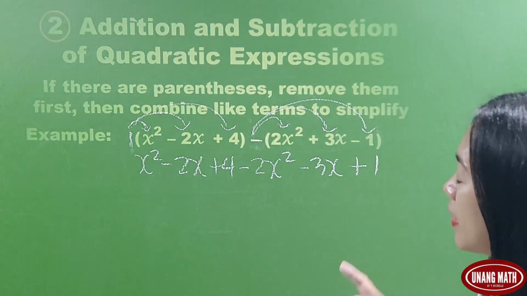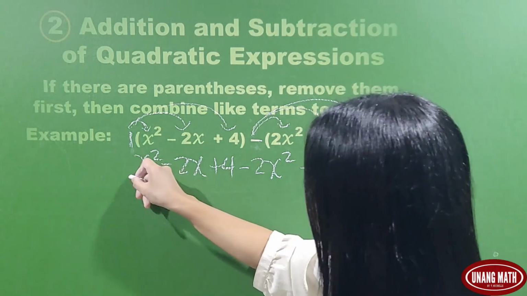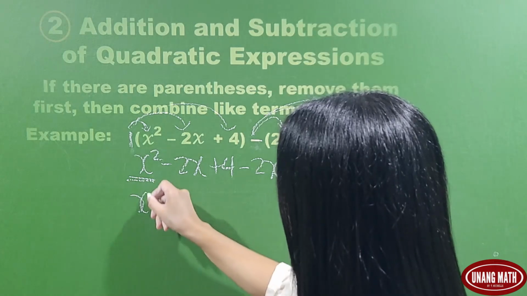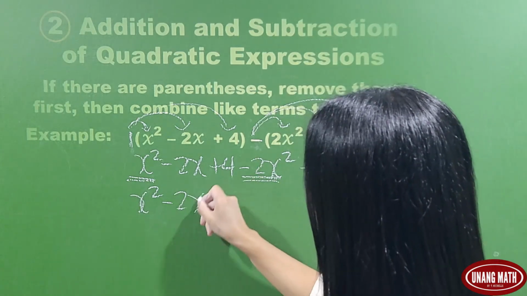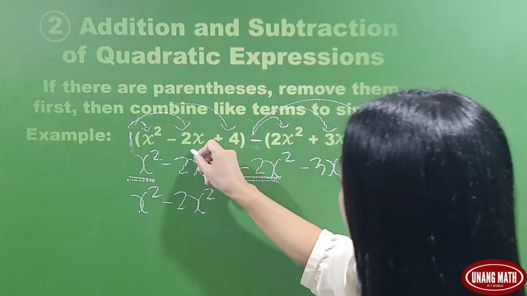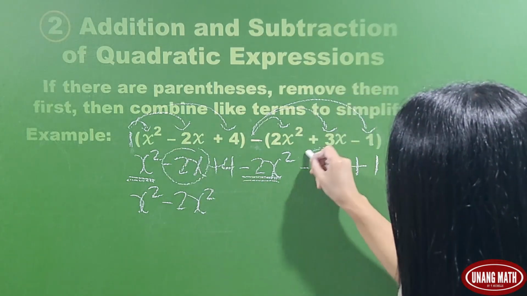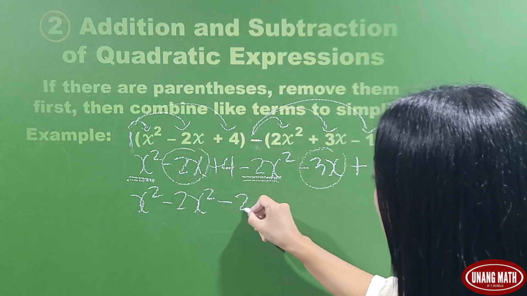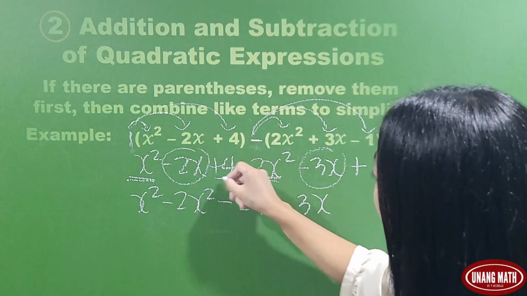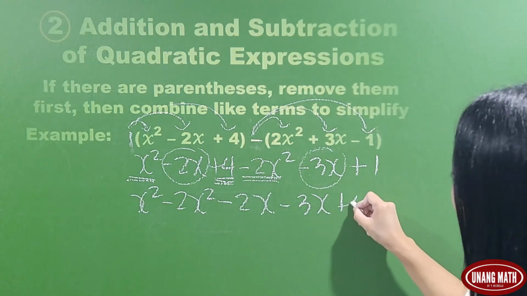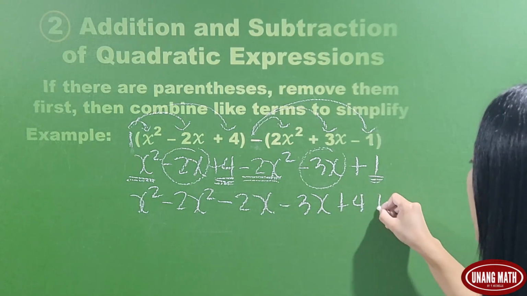Okay, this time, let's combine like terms. x squared and negative 2x squared are like terms. What else? Negative 2x and negative 3x are like terms, so minus 2x minus 3x. Then we have 4, so plus 4 plus 1.